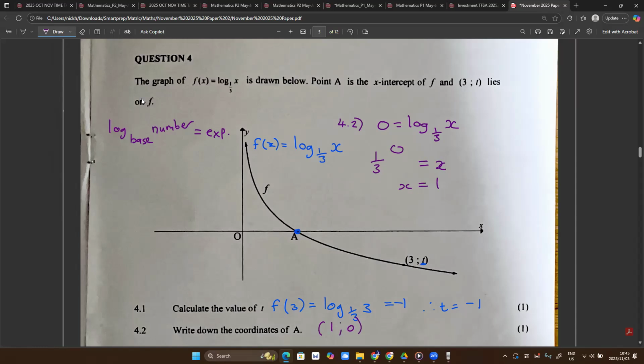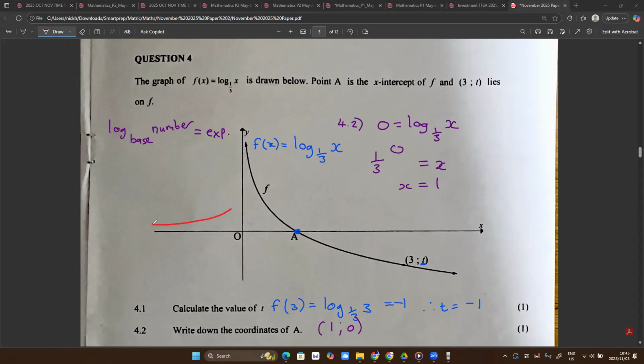Another thing I just want to tell you guys is that the log graph is the inverse of an exponential graph. So if you remember, an exponential graph, I'm going to draw in red, would go like this. And if it's just a regular one, let's call this g of x equals 2 to the x.